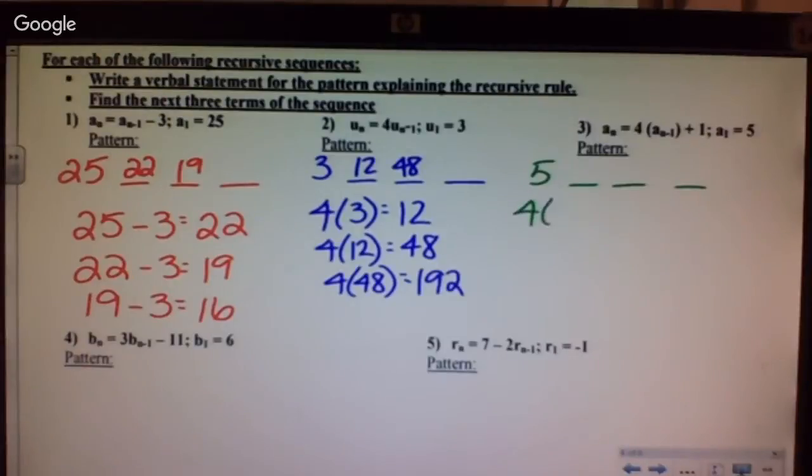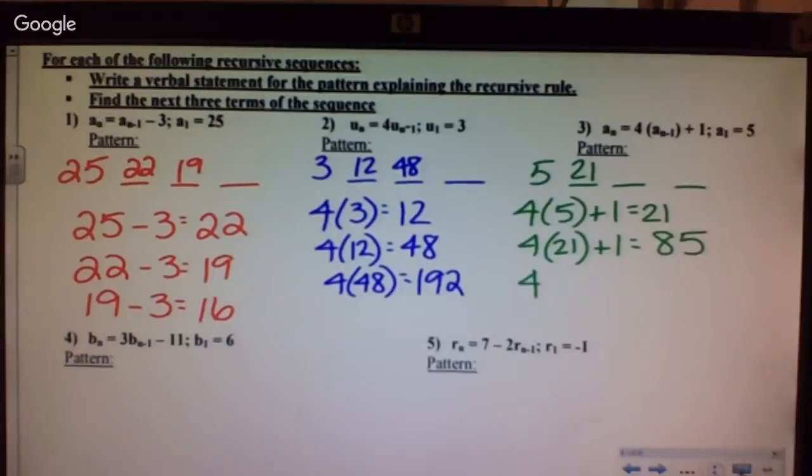So 4 times 5 and adding 1 is 21. 4 times 21, plus 1. 21 times 4 is 84, so that would be 85. And 4 times 85 plus 1.